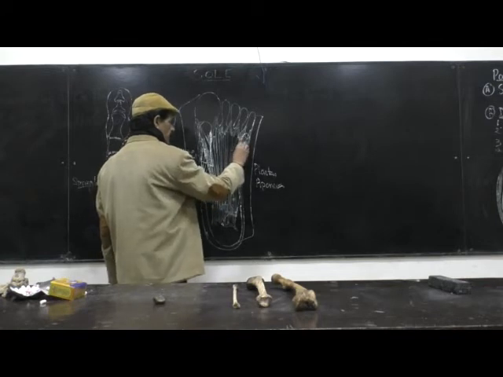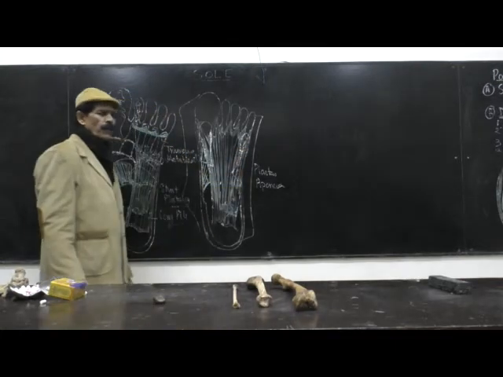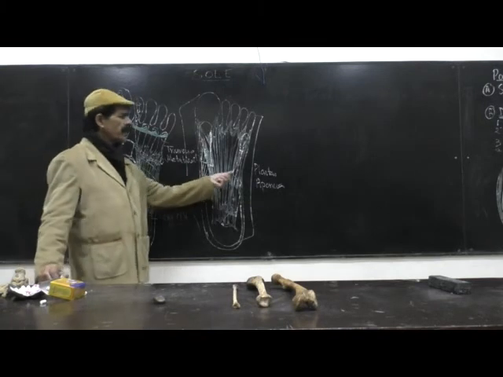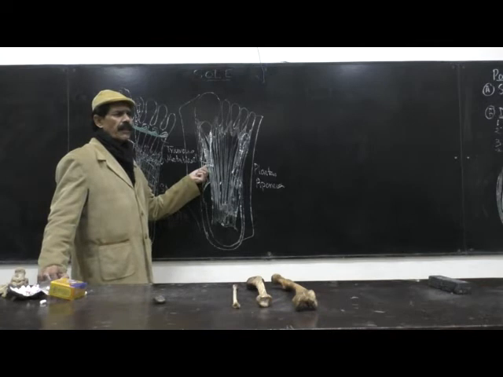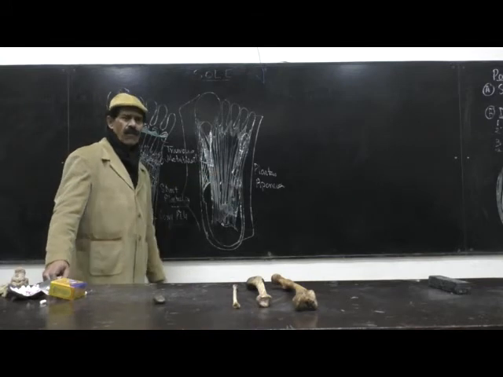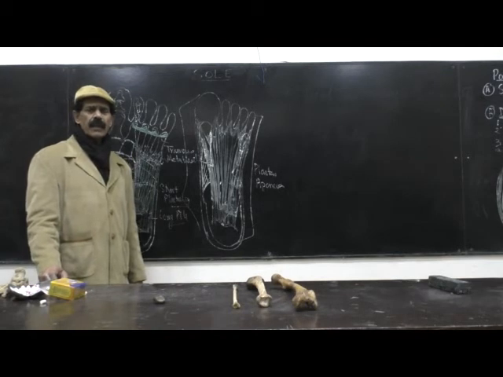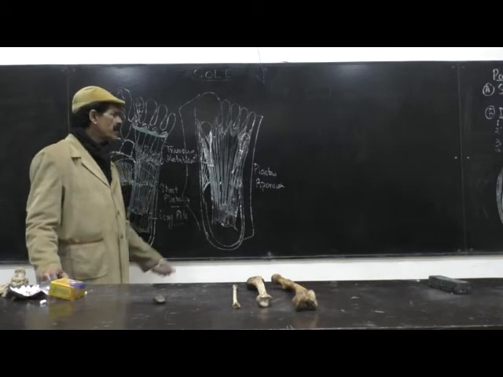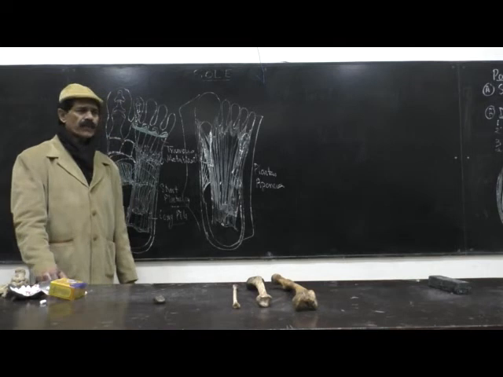A septum goes and gets attached to the shaft of the fifth metatarsal. Because of these two, medial and lateral intramuscular septa, the compartment of the sole of the foot is divided into medial, intermediate and lateral compartments, which contain muscles, arteries, veins and various nerves. So that is the plantar aponeurosis.